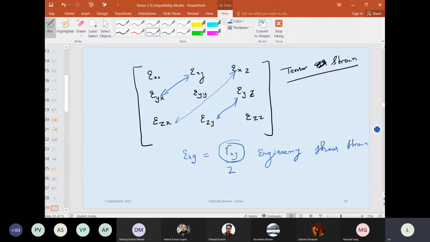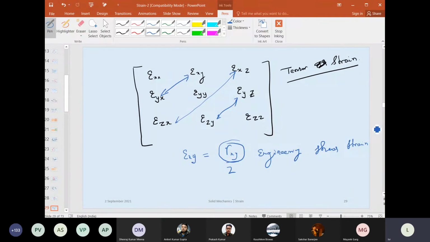Physically it is what the 90 degree angle makes, how much less than that 90 degree. That is a very attractive definition, isn't it? So that's why we introduce engineering shear strain. Then we tell that this is not the correct one, we have to use the tensor quantity.